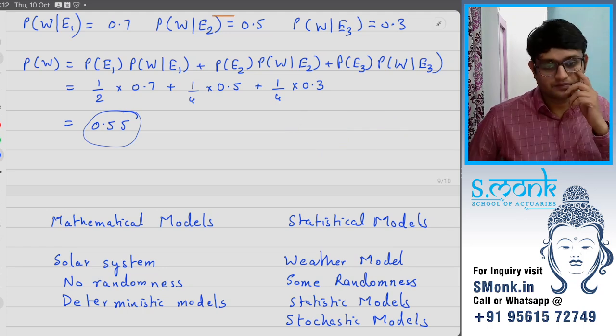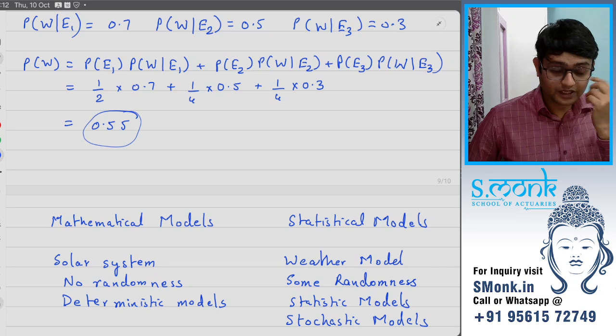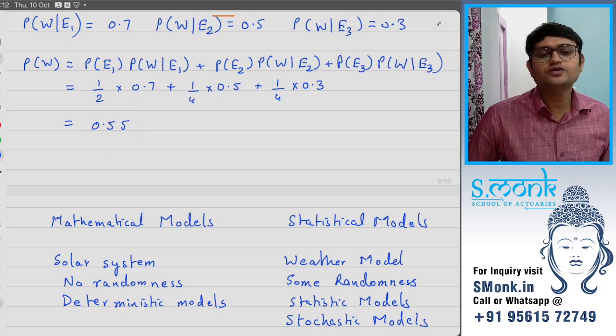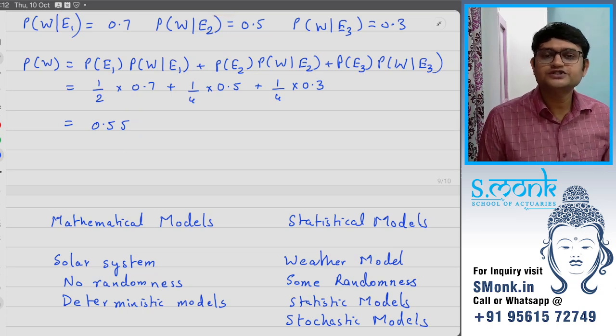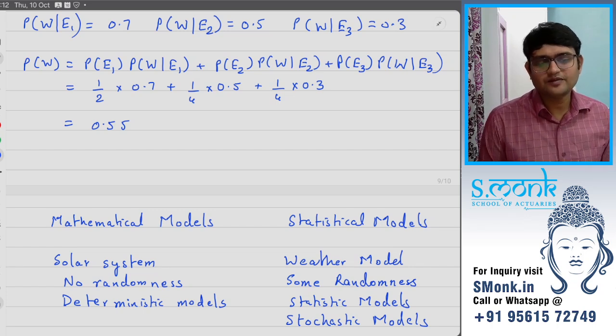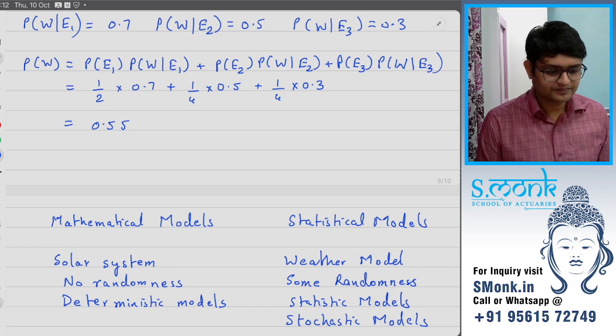Because it is random. There is something random in selection in this manner. I'll not be able to predict how you would select, which bag you would choose, and then which ball you will choose from that bag. I won't be able to predict that.